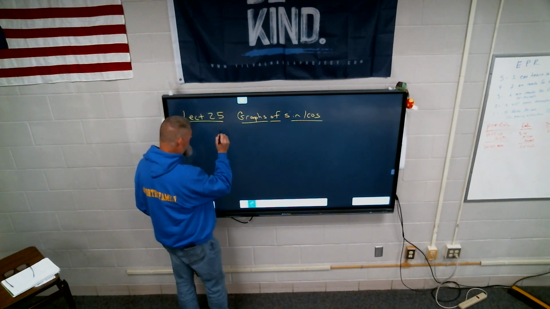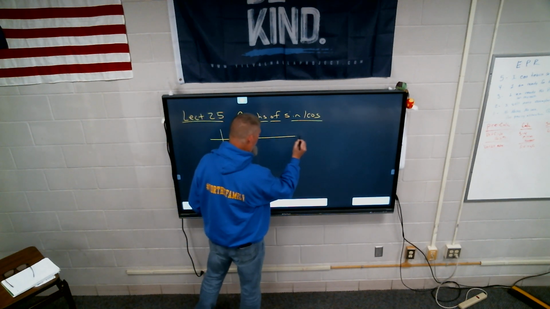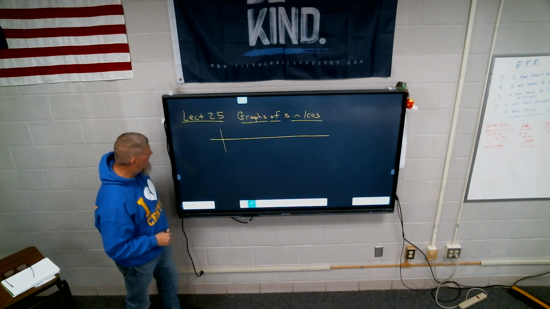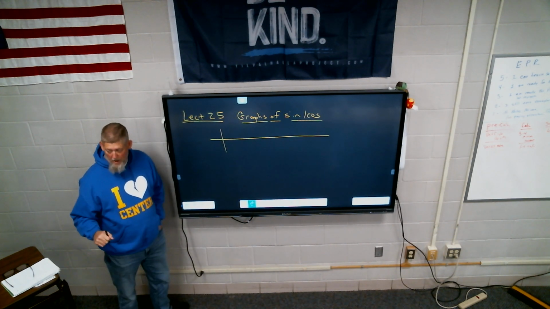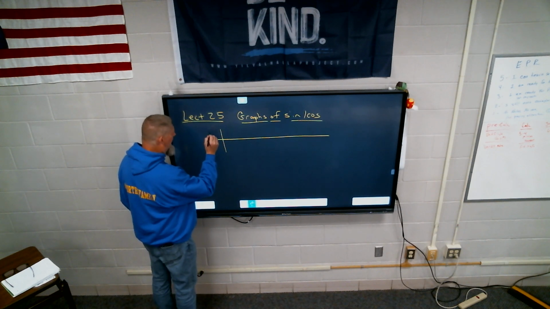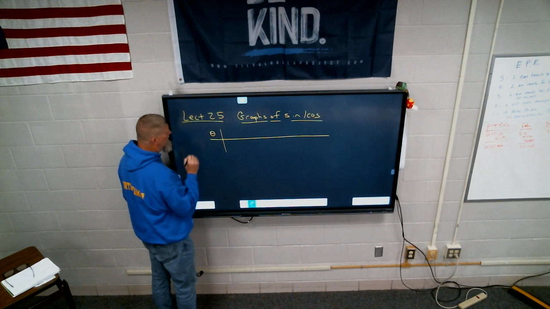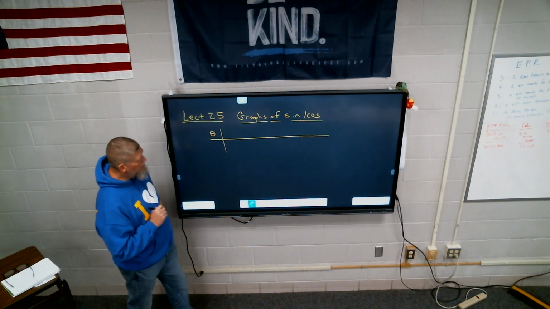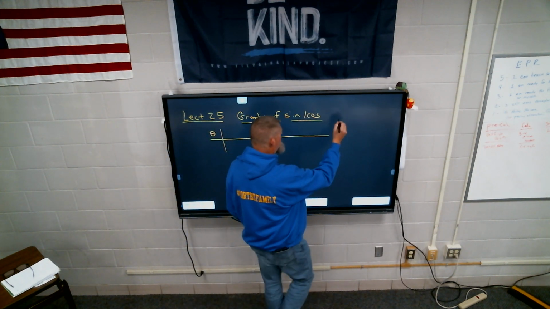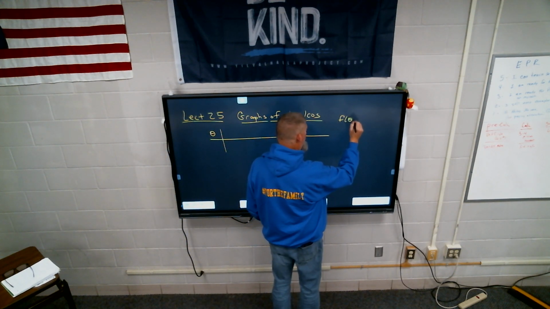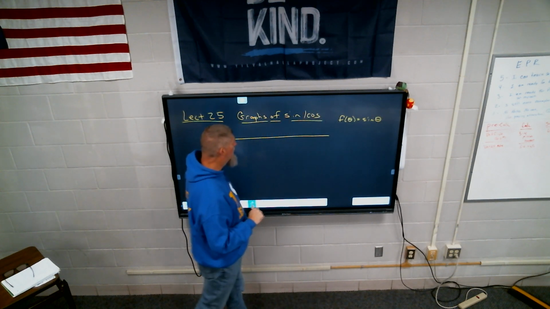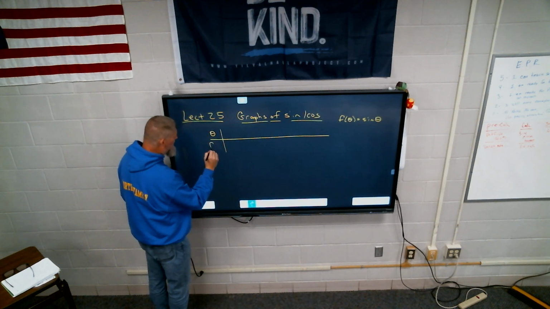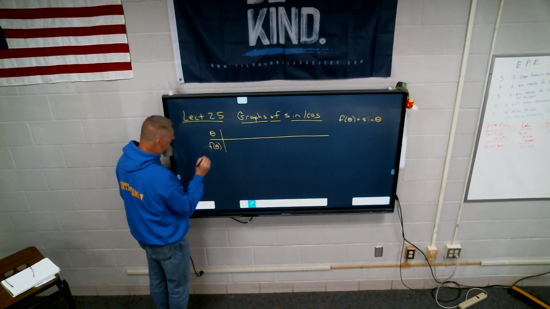So the first thing is I'm going to make a horizontal table rather than a vertical one, just because I want to be different. Then I'm going to have x. Actually, in this case, I'm going to use theta, because f of theta is going to equal the sine of theta. That's the graph we're going to be looking at. So this is going to be the function of theta.